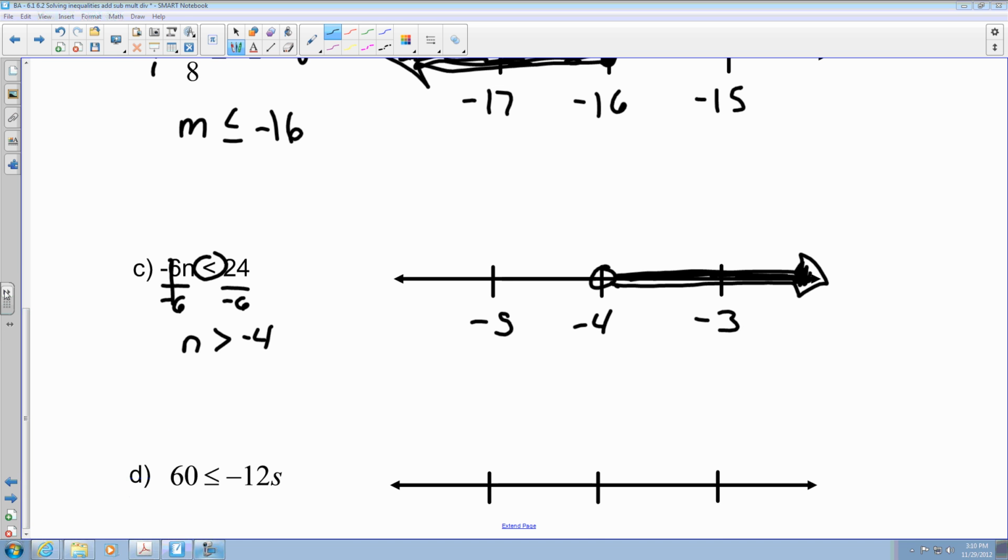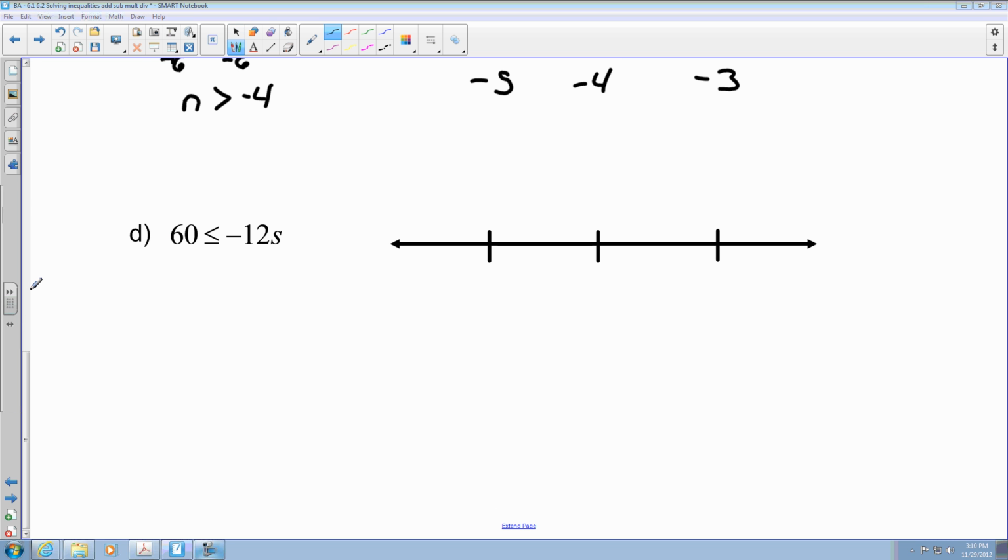Let me see if I can get some more room here. There we go. And the last one, D, they want us to solve for S, so we're going to divide by negative 12, and so we got S right here, but because we divided by a negative number, we're going to flip the inequality, and that gives us negative 5.